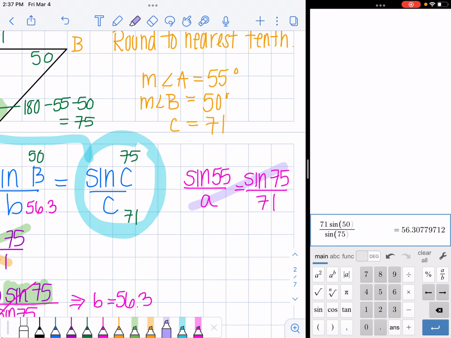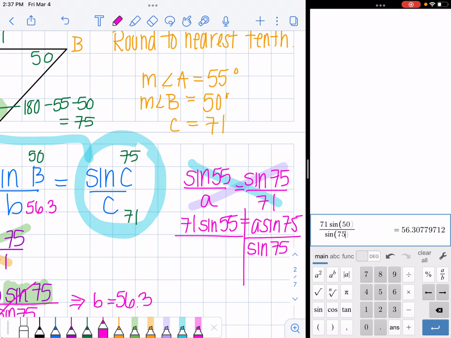Again, we're going to cross multiply. So I get 71 times the sine of 55 is equal to a times the sine of 75. And we're going to divide both sides by the sine of 75. This cancels out, so I'm left with a is equal to, and I type this whole thing exactly the way that it is on my calculator.